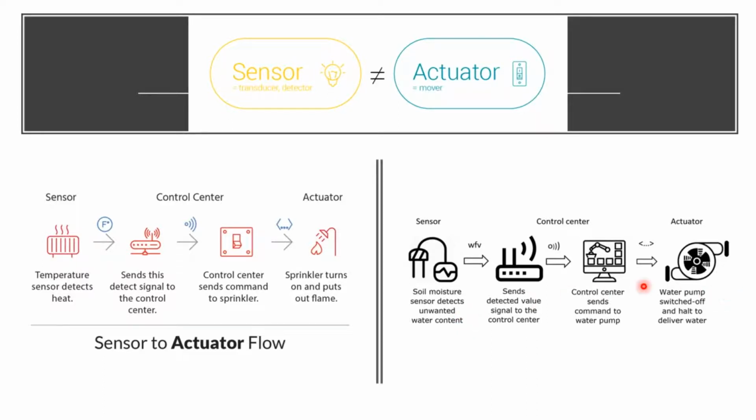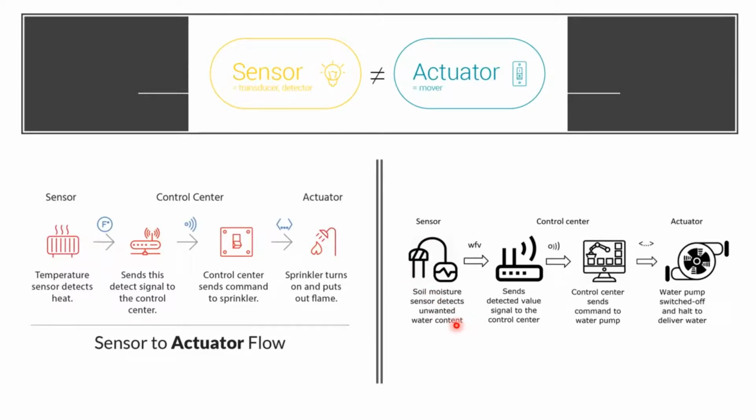So the water pump is on whenever the moisture content is below some value. I am explaining a condition where the water pump is on and I keep monitoring the moisture content of the soil. If the moisture content is more, I say that there is unwanted water content in the soil, then I will send this value.